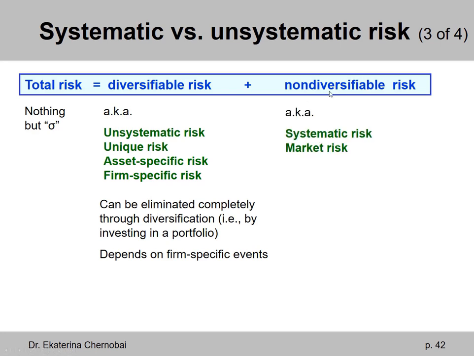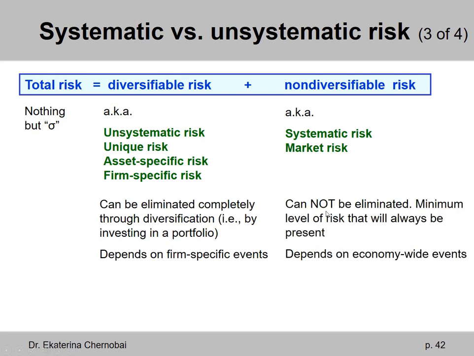On the other hand, the non-diversifiable risk, which is also known as the systematic risk or market risk, and again, you should know all three. All three are used interchangeably, equally often. This is more like fluctuations in returns caused by not some event unique to that company, but more like a countrywide event, a big event, maybe a global event, like the economy falling into recession.